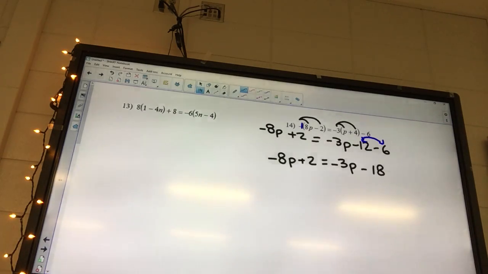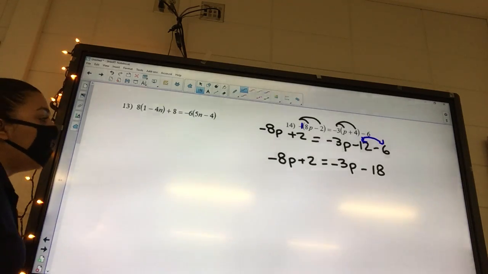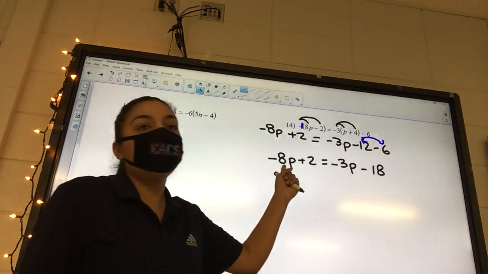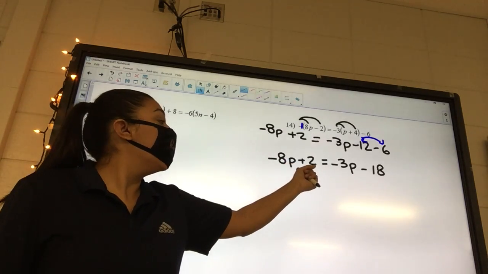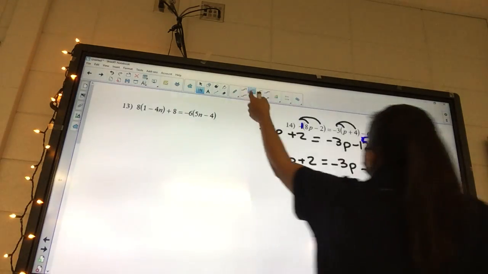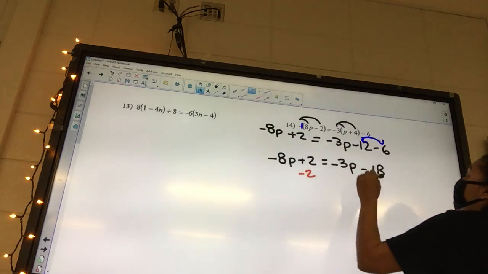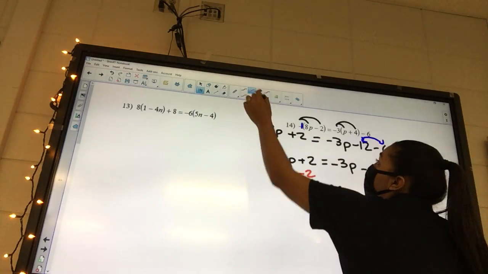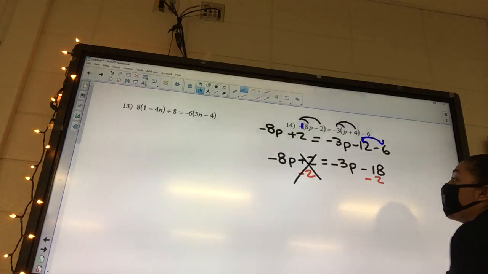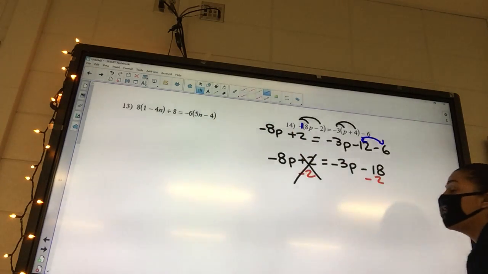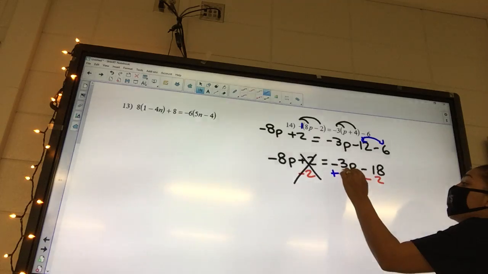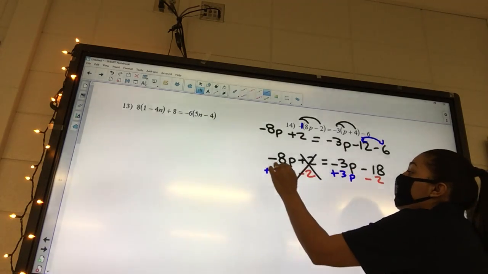Early in the morning. Okay, so now we're on step 3. Letters to the left, numbers to the right. Negative 8p, does it need moved? Yes. Where does it go? To the 18. Good, and these ones cross out. The minus 3p, does it need moved? Yes. So we say plus 3p, plus 3p.